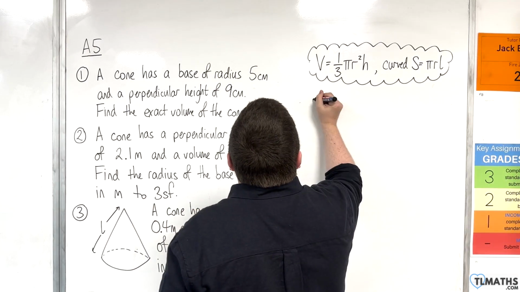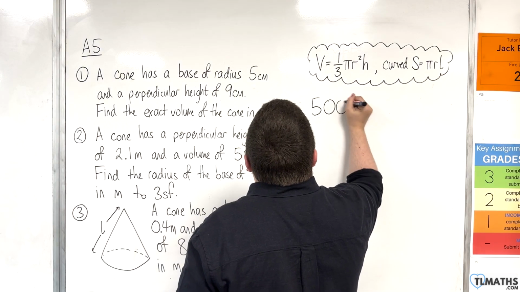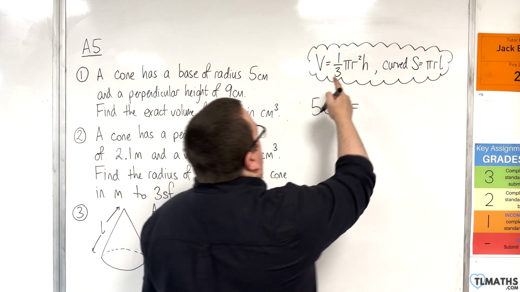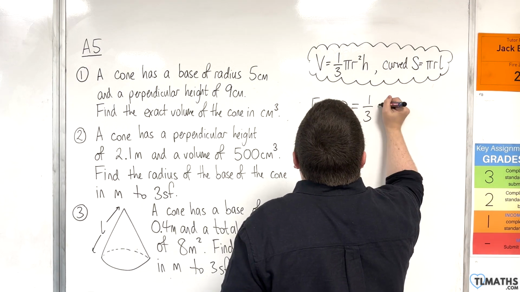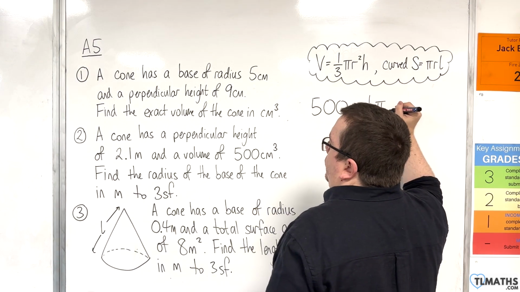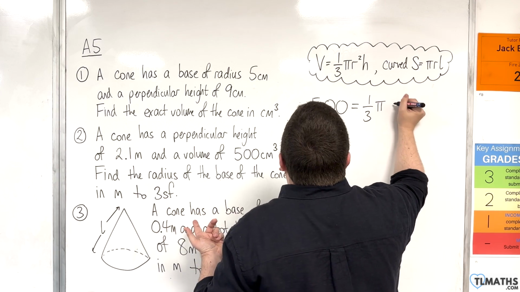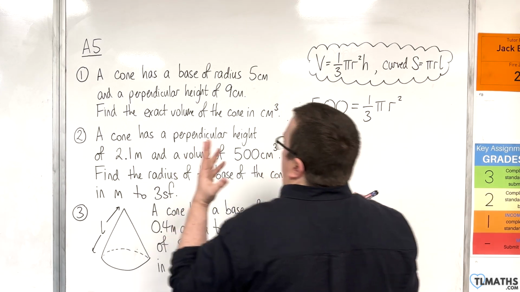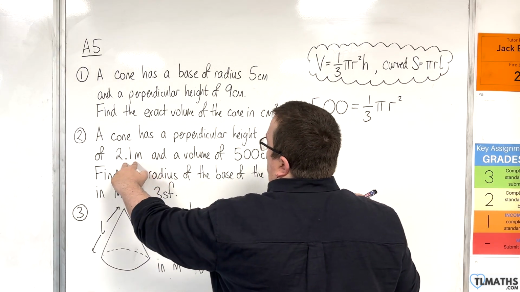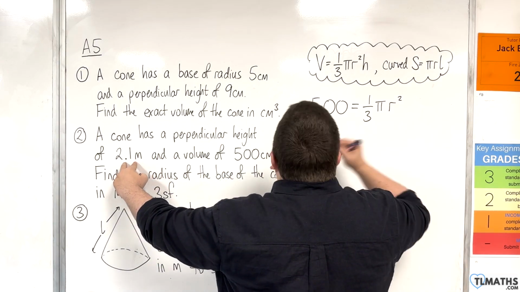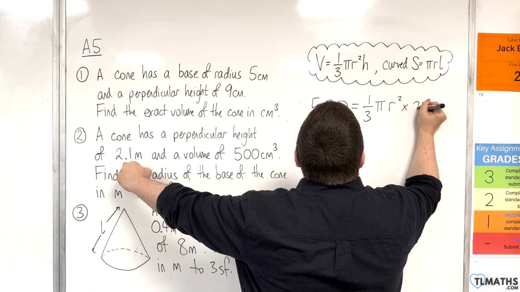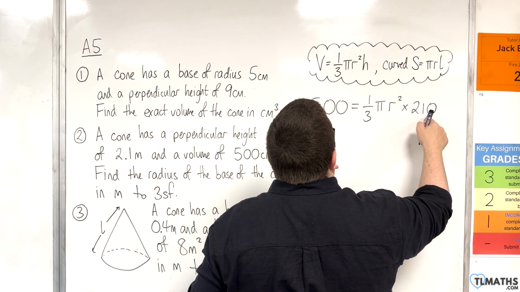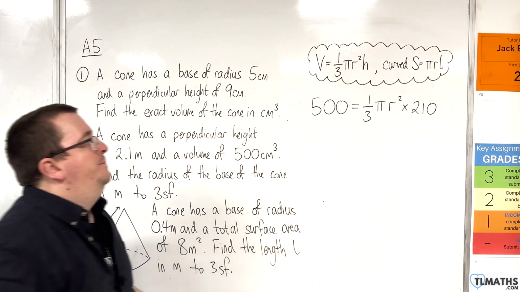So we have the volume, it's 500. That's going to be equal to 1/3 times pi times r squared. Now I need to work out the radius, so r squared is going to stay precisely where it is. The height is 2.1 metres, so I need to put that into centimetres, so that's 210.